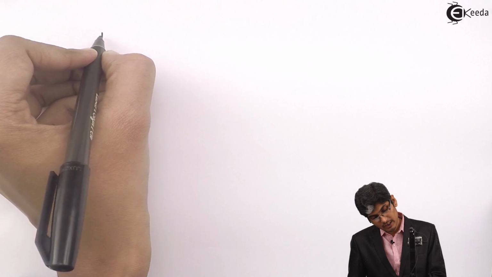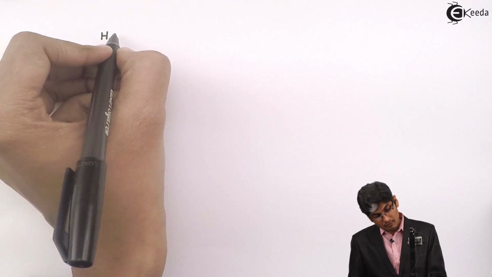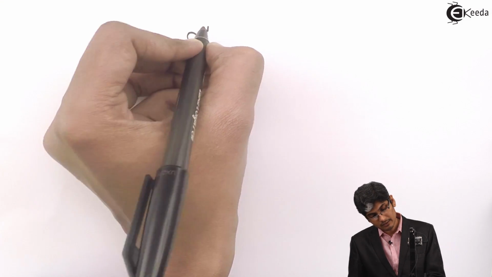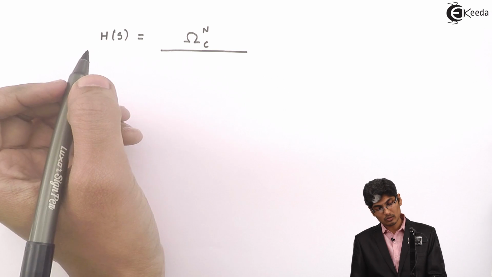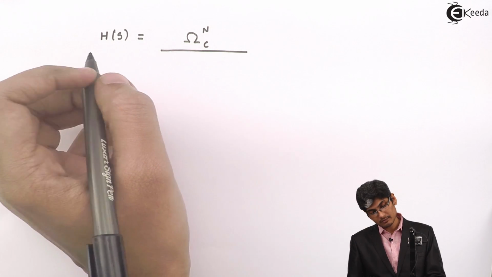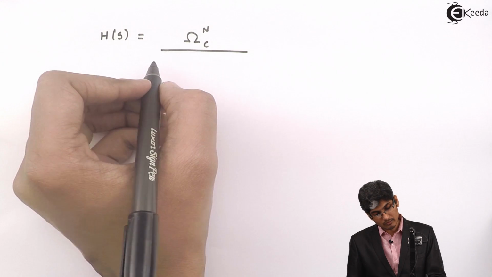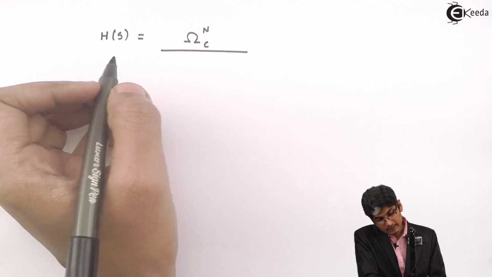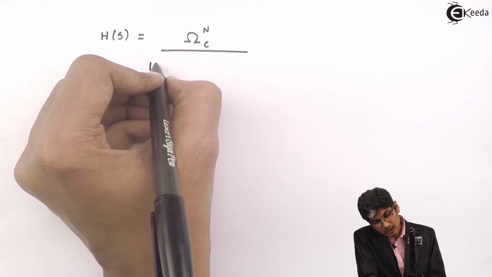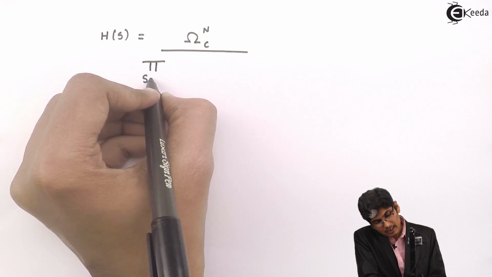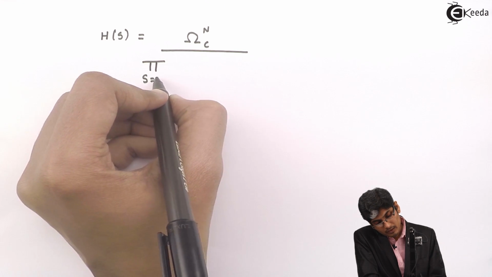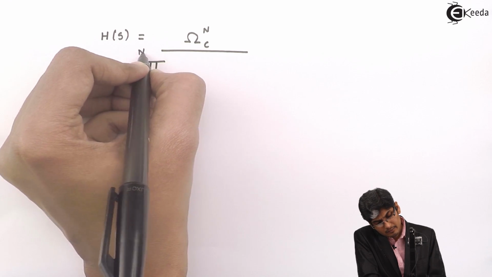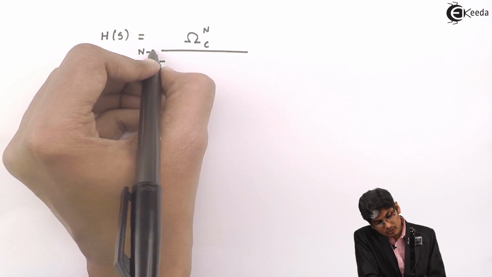The transfer function H of S is given as omega c raised to n upon, if the order is even, which in this case it is, but I will write first the generalized case. If the order is even, that is n is even, that time we will write the continued product of S equal to 1 to n minus 1 by 2.